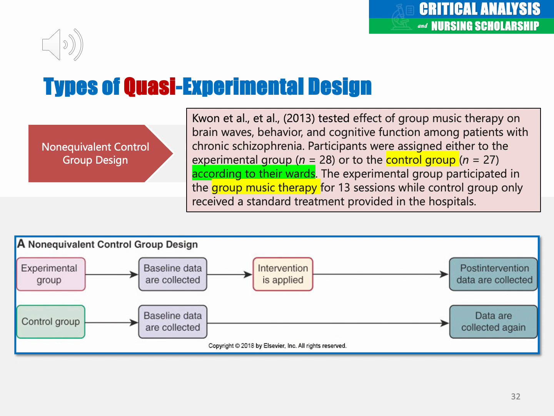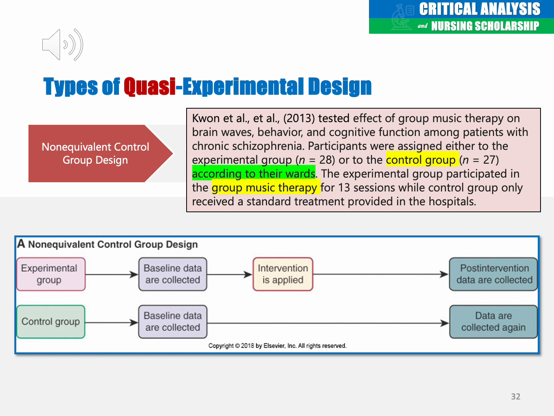In this research design, you would notice that the experimental group has been given an intervention while the other one was none. However, obviously in this type of research design, the assignment of participants in either experimental and control group did not involve randomization.